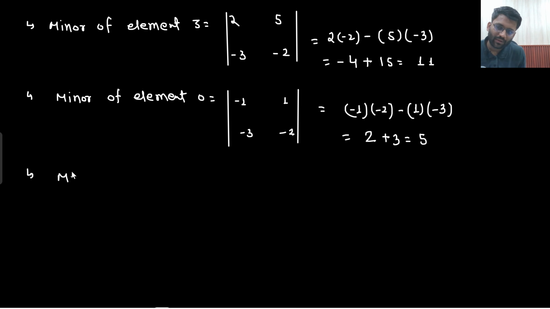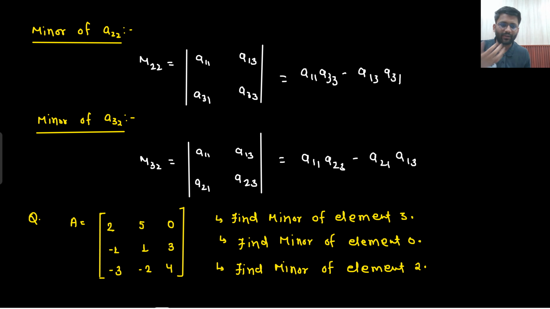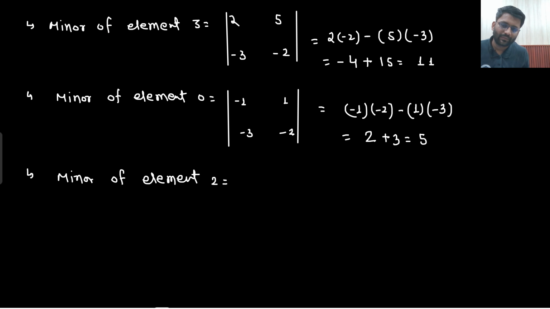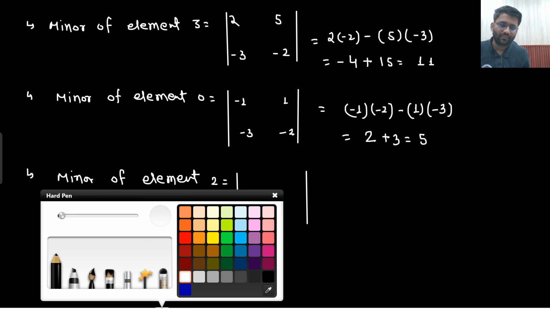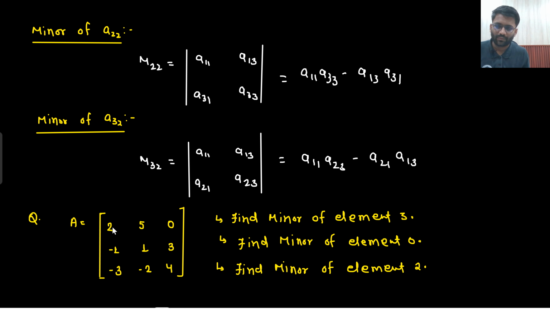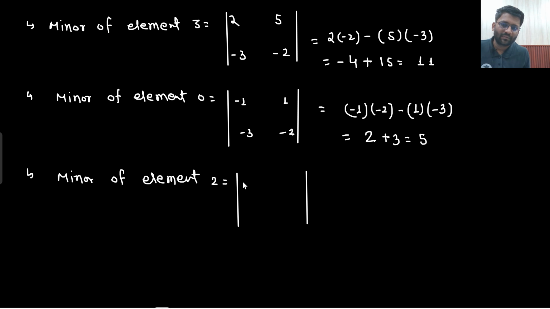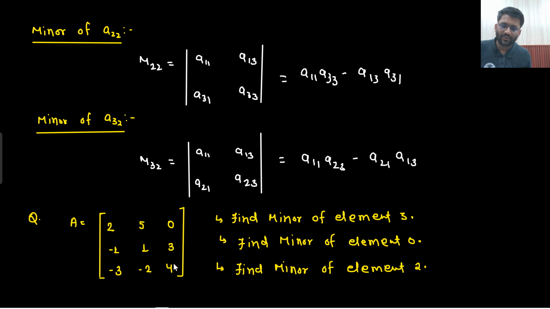Then next you need to find out the minor of element 2. What would that be? 1, 3, minus 2, 4.